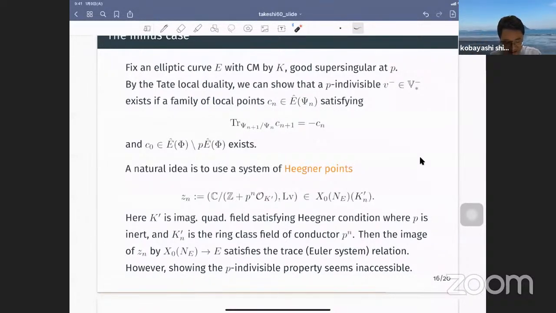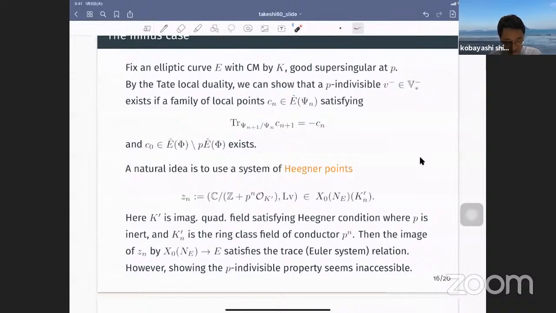Recently, there is work by Wei Zhang on p-indivisibility in the global Mordell-Weil group. So the criterion is whether the Heegner point is p-indivisible in the global Mordell-Weil group or not. And there is also a result of Gross and Prasad.